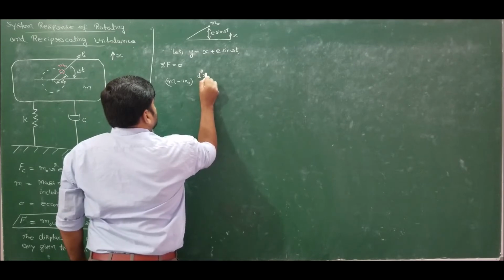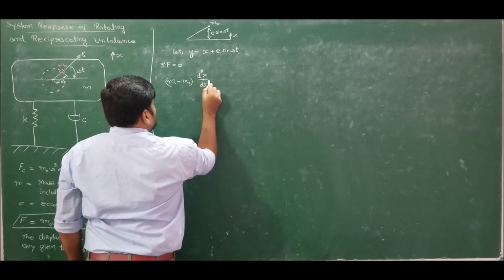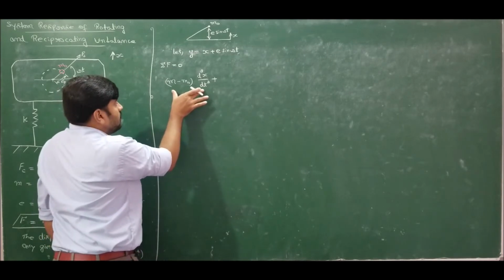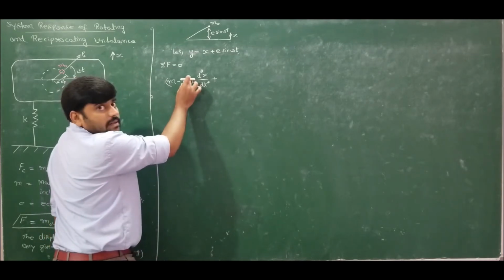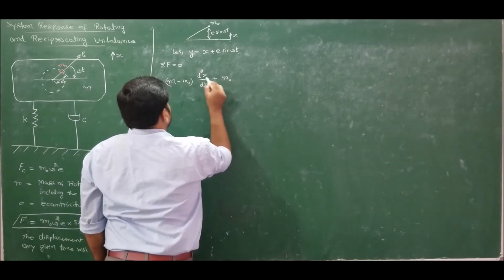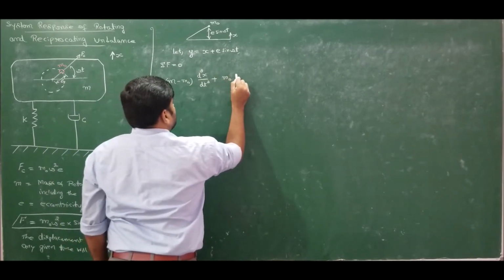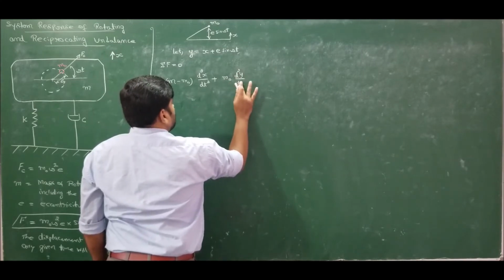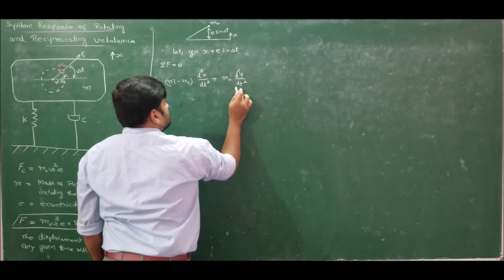Into x double dot, that is d square x by dt square. So that is the inertia force of the rotating machine excluding the eccentric mass m naught, plus, now m naught is displaced by an amount y, that is m naught d square y by dt square, that is acceleration.